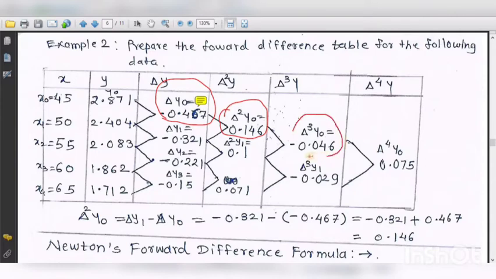Then the next value is delta cube y0 and this last value. I have to substitute these in the formula. But to calculate these values carefully, I have to find the values of the whole table and whole differences very carefully. If any value is wrong, then your final value will be wrong.